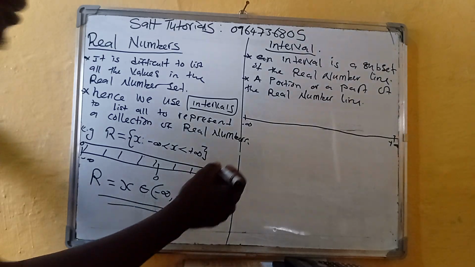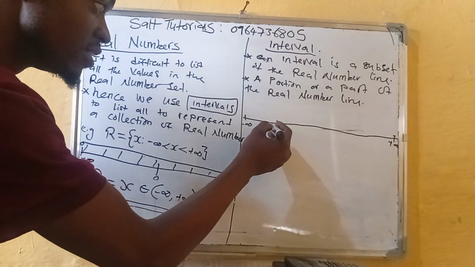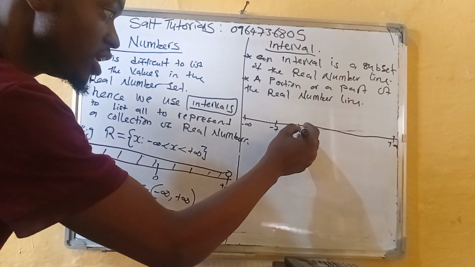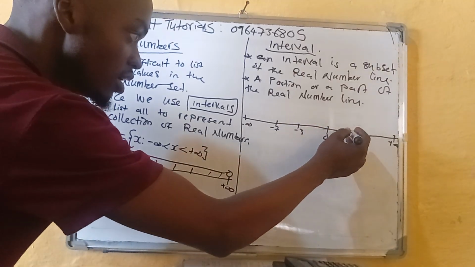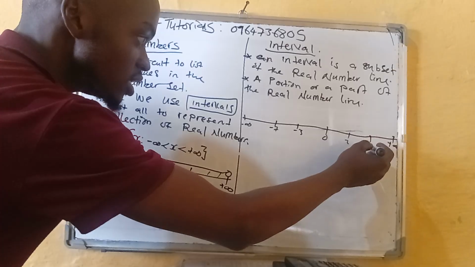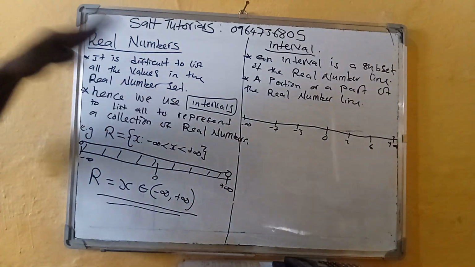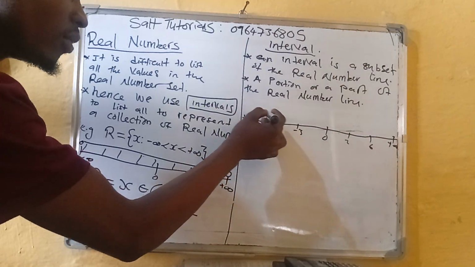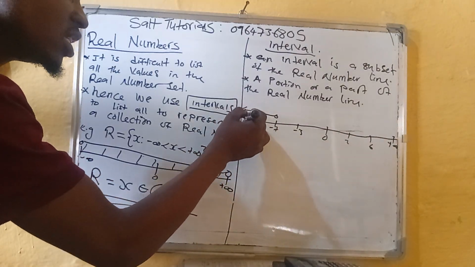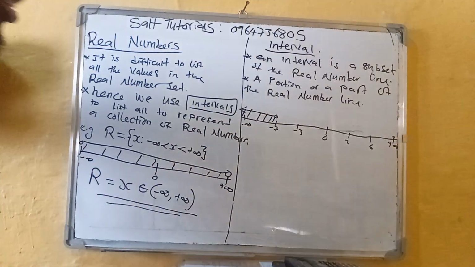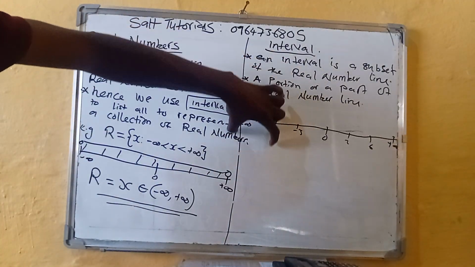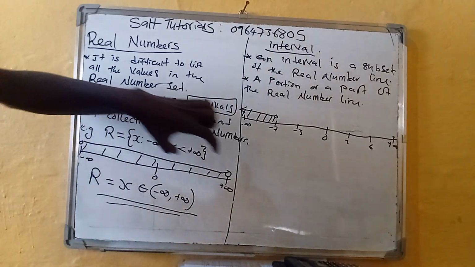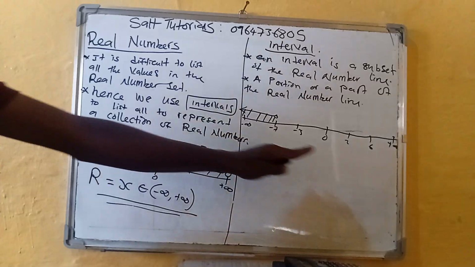So if I was to have maybe -7 falling there, maybe I have -3 somewhere there, a 0 there, a 2 there, a 6 there. I can break this down into intervals. Maybe from -7 going into this direction, this is a portion on itself. This part is an interval. It is not the whole real number line. So the real number line is from negative infinity to positive infinity.